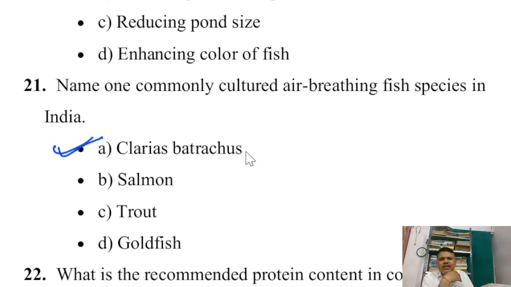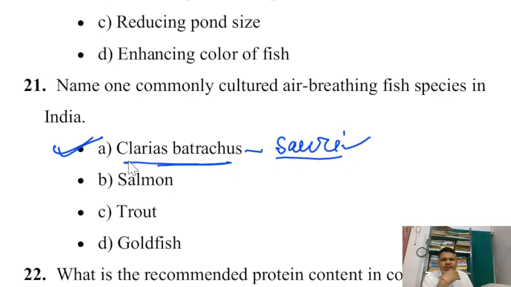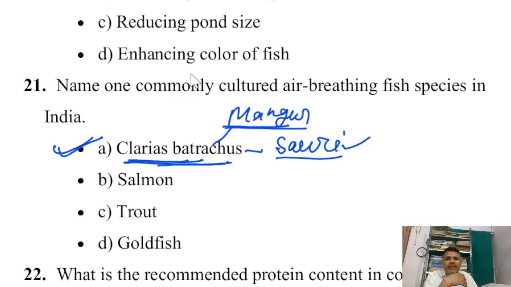It is also called magur, and it is an air-breathing fish. So the correct option here is Clarias batrachus.